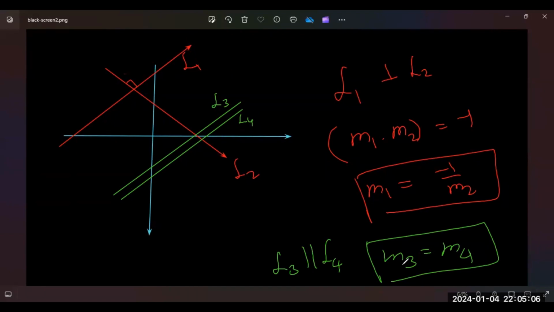Got it? Write it down quickly. Okay, move on to the second question. Please solve it. 2 minutes.